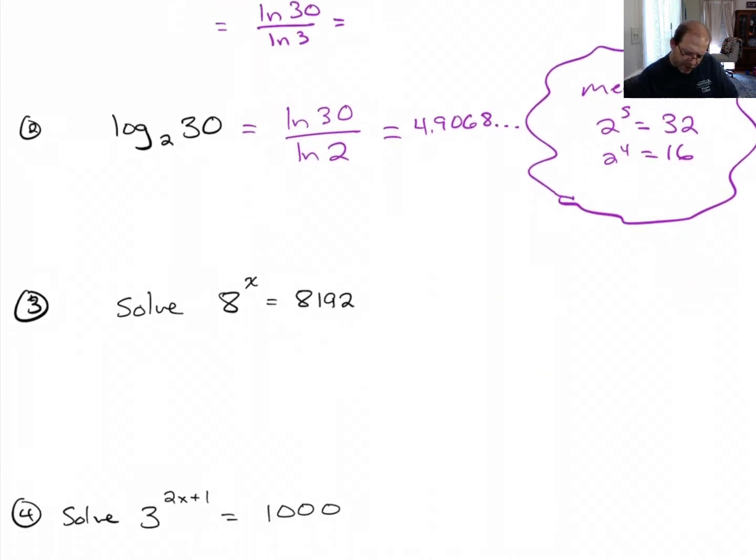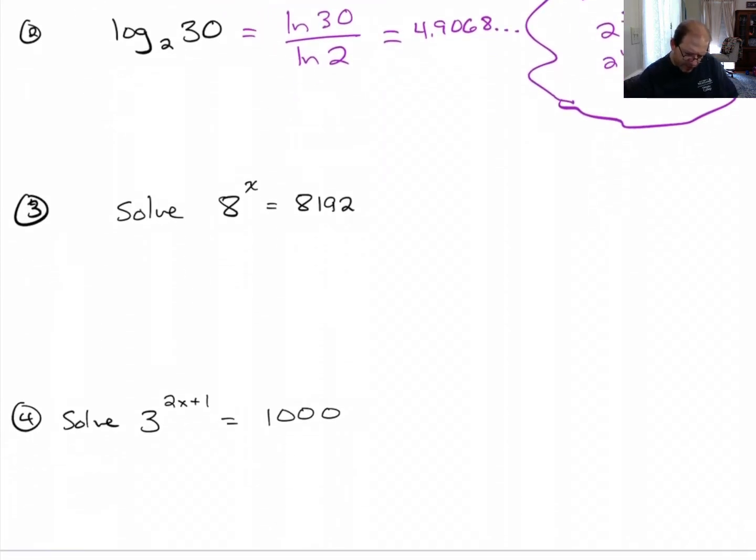But let's use this to solve a few equations. This is kind of previewing what we're going to do in another couple of sections. But let's say we want to solve this. 8 to the x equals 8,192. There are two ways you could think about this. This is written in exponential form.